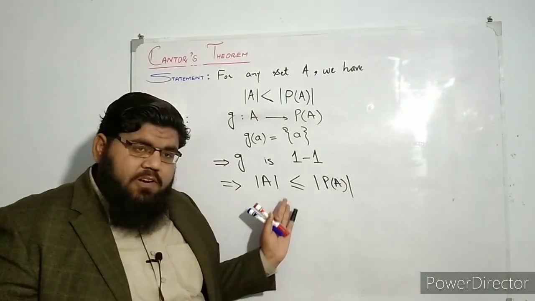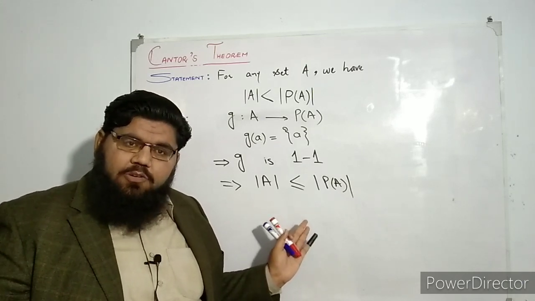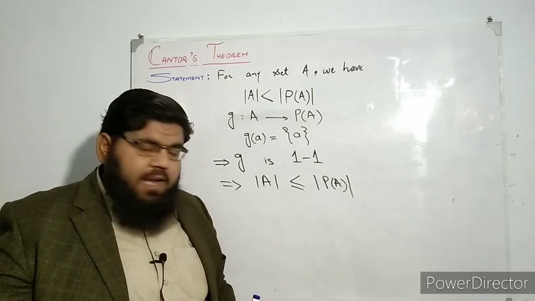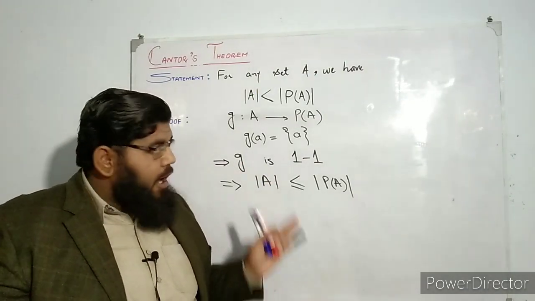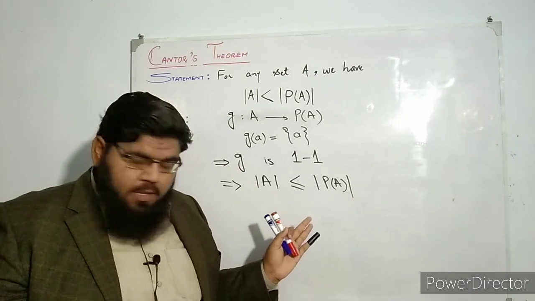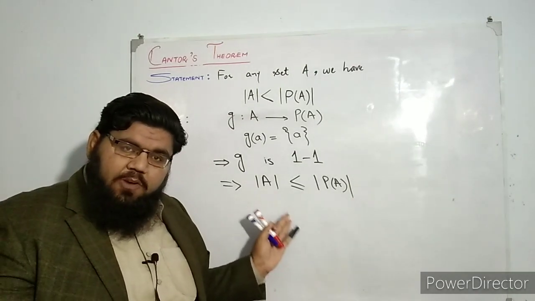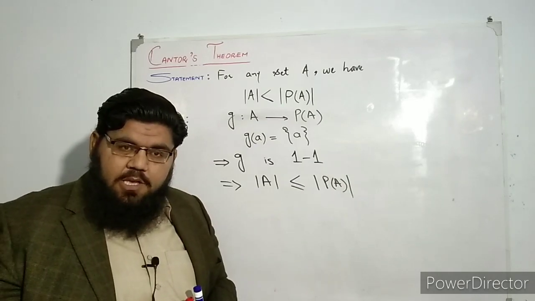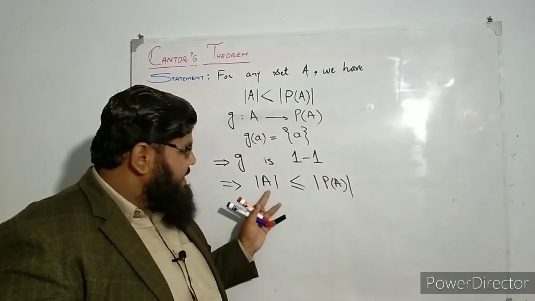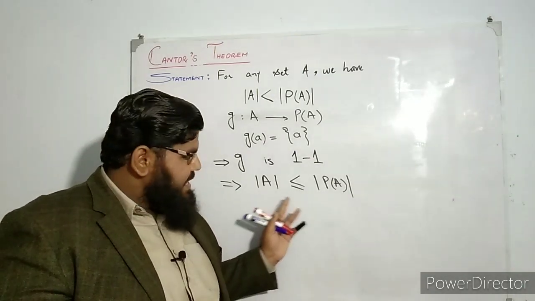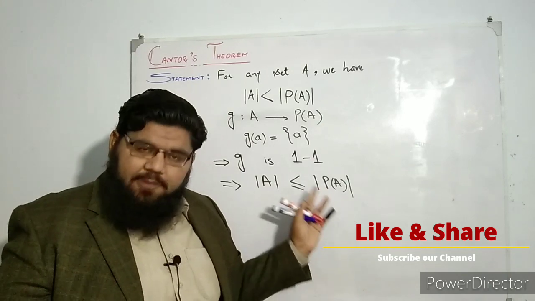Okay, this is our result from set theory. We have already studied it, and you can see that from your book. For this video I am using the Schaum's Outline Series of elementary set theory. It has already been proved in our previous classes. So what we have proved is that the cardinality of this set A is less than or equal to the cardinality of its power set P(A).